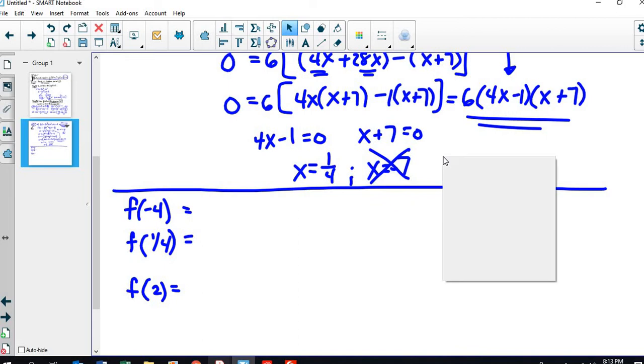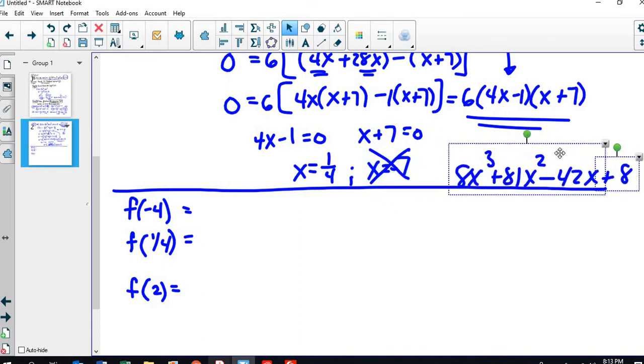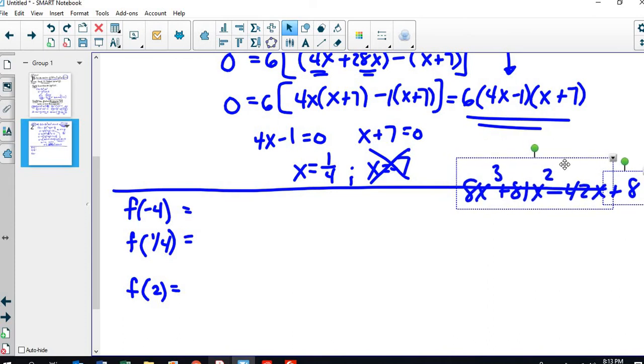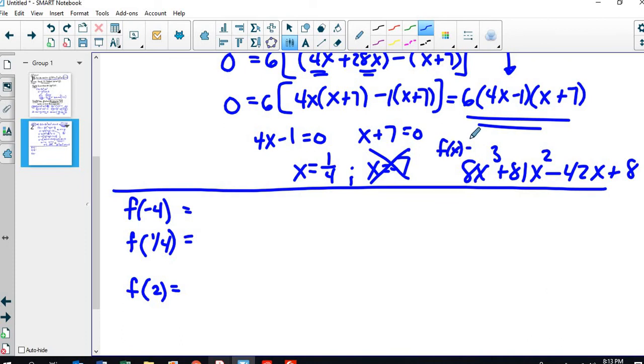We'll put it right here. All right, so that's just a reminder of what my function looks like. Okay, that's f of x. Yeah, there we go. This is f of x. Okay, to help us down here.